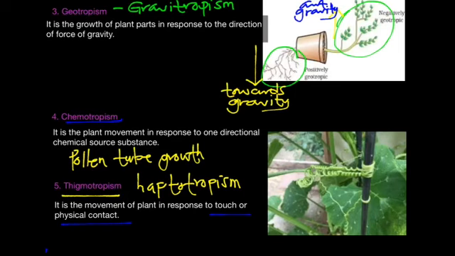It is also seen in bean plants, morning glory, and other plants that have tendrils. Alright. So these are some major tropisms displayed by plants, and we might be looking at more in our next tutorial, so you check it out.